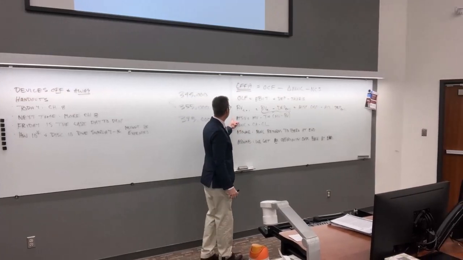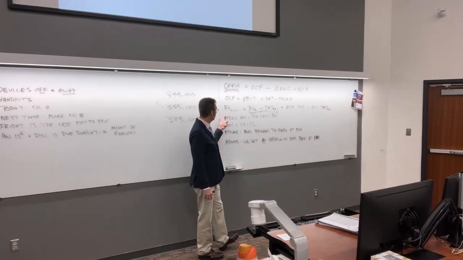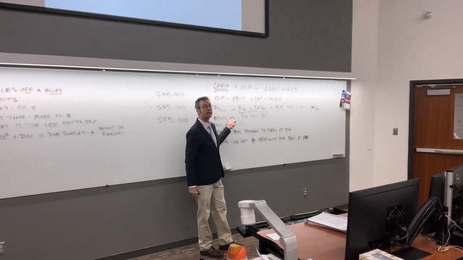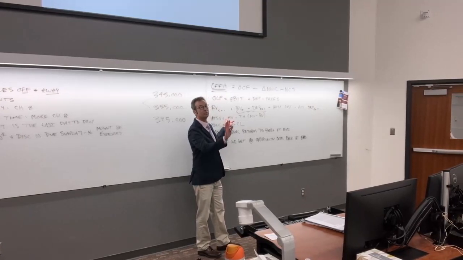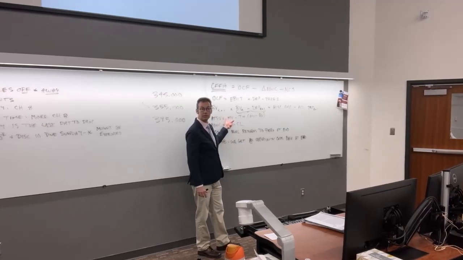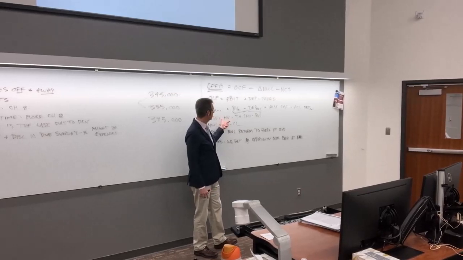We're going to be figuring out something called the after-tax salvage value. And that's going to be equal to the market value, which is the amount that I'll be able to sell it for at the end of the project.